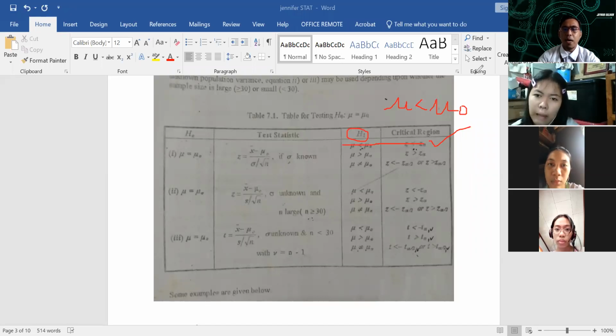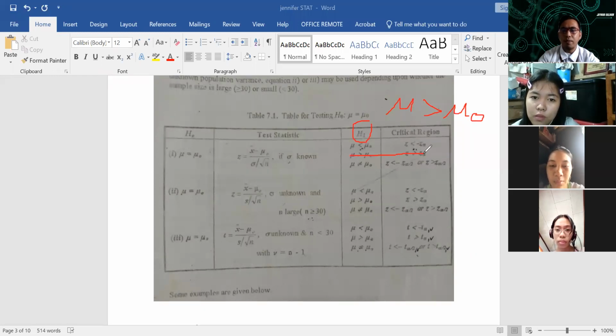But if your alternative hypothesis involves greater than, then you will have to use this one as your critical region, because your alternative hypothesis is greater than. But if your alternative hypothesis involves not equal, then you have to use this as your critical region. Understood?